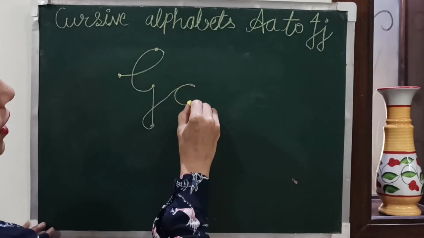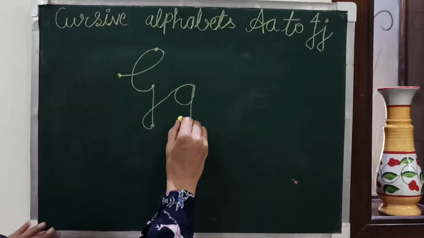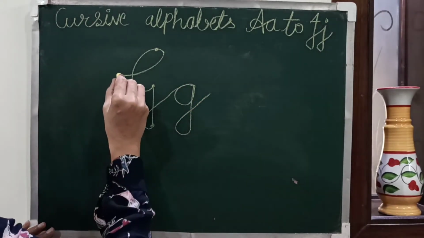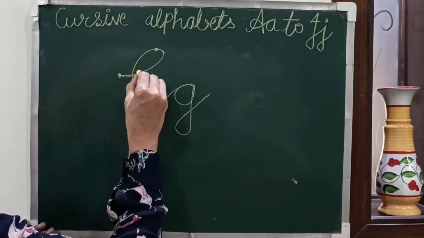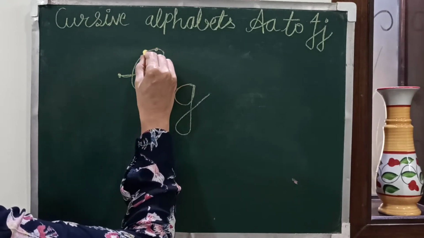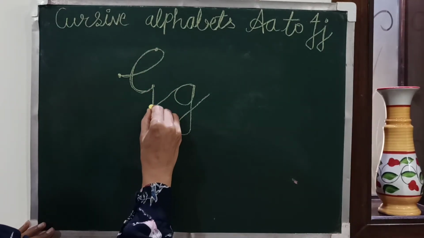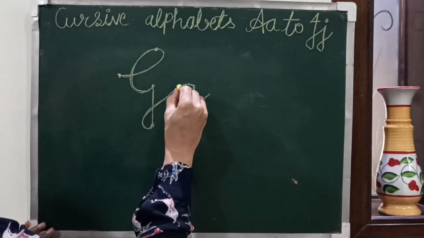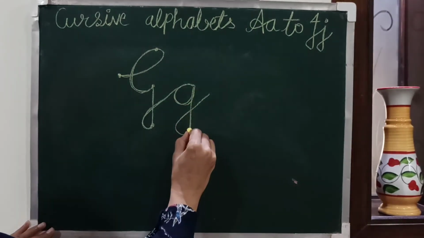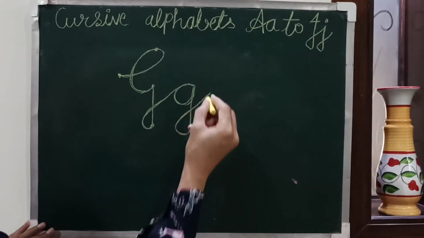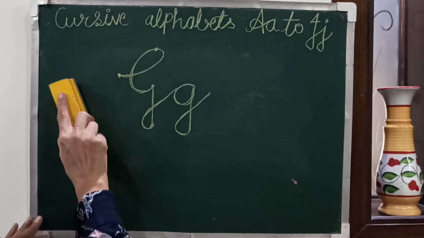Now make number 9 here and again a turn. See one more time because it's typical. Up, make a big C, down and do like this. Now make a number 9 here and a turn. This is cursive alphabet G.